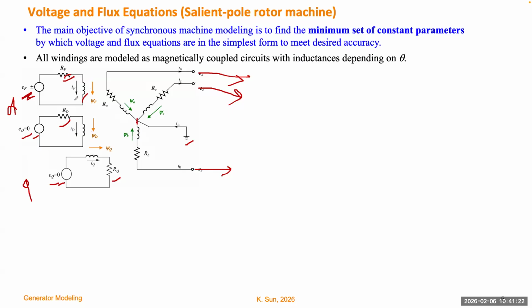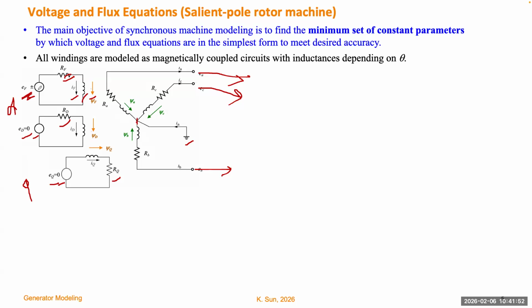Another assumption we make is that the current and flux are in the same direction, because windings on the rotor circuit are treated as loads, not sources. You have the DC source, which is EF, ED, or EQ, to generate the current, and the current will flow through the winding inductance to have a voltage drop.